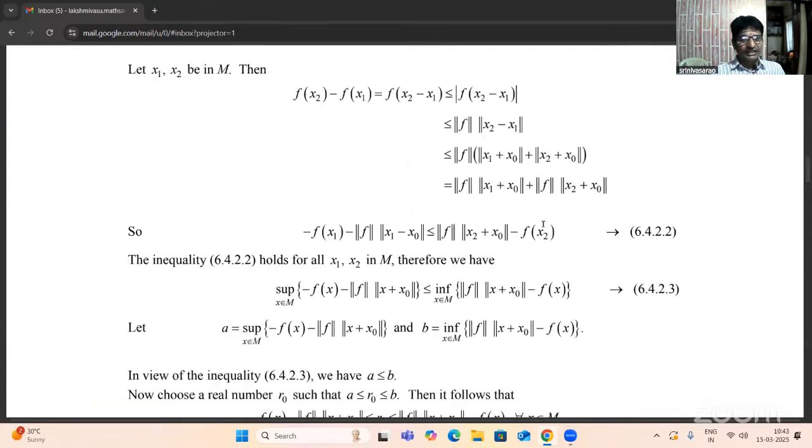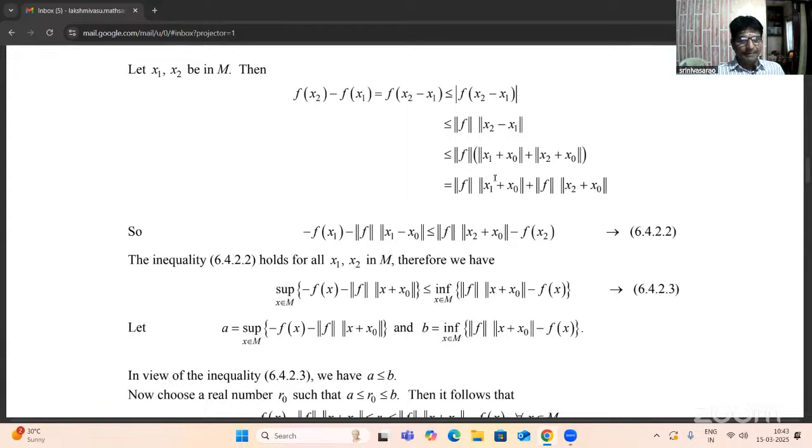So x2 minus x1 may be written as norm x1 plus x naught minus x1 plus norm x2 plus x naught. So adding x naught in between the norm, equal to norm f into norm x1 plus x naught plus... students, listen carefully. This is x1 minus x naught, not plus. Please rectify this mistake. This is x1 minus x naught.